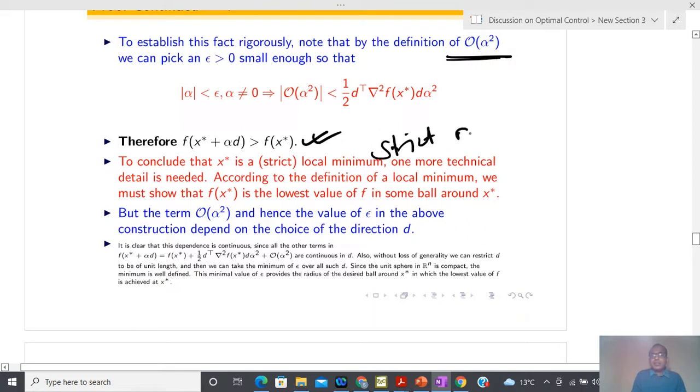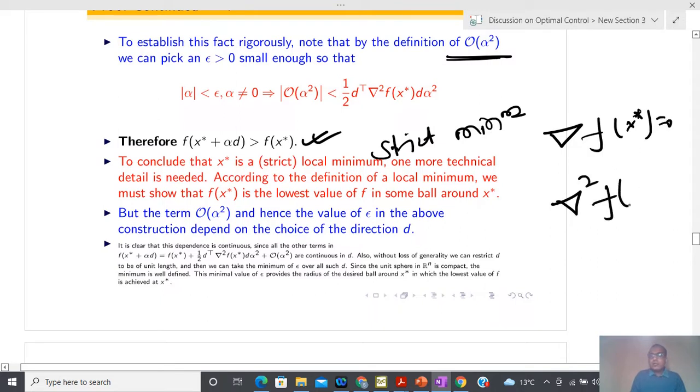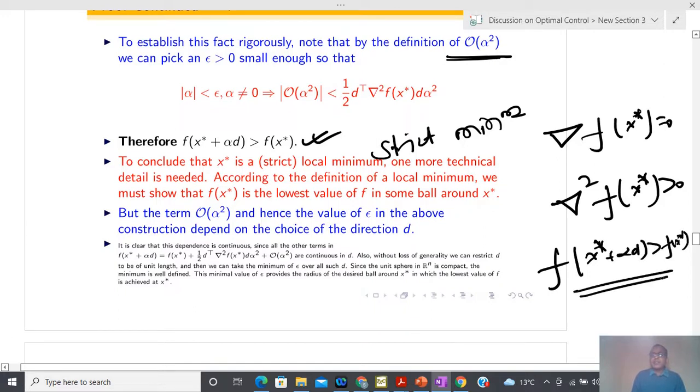Anyone has confusion? For that reason I am claiming that if the gradient of f at x* equals 0 and the second derivative of f at x* is greater than 0, then I have a strict minimum. A strict minimum means that if I take a neighborhood of x*, this kind of condition always holds. Anyone has confusion, please let me know. So f(x*) has the lowest value in that whole local space.